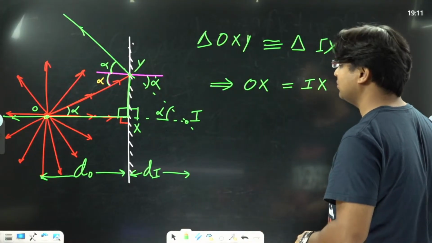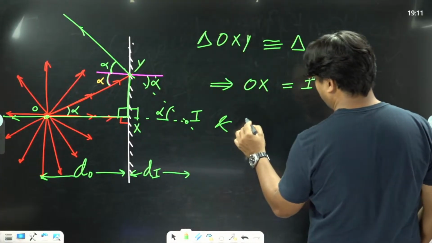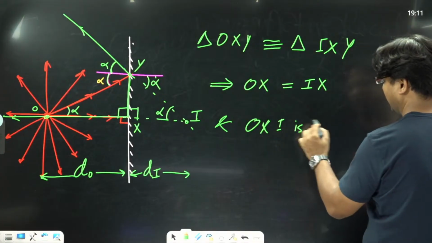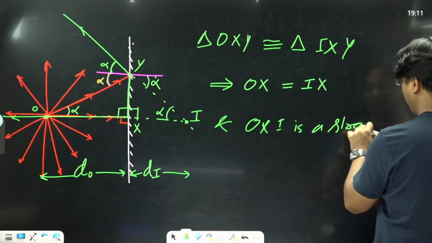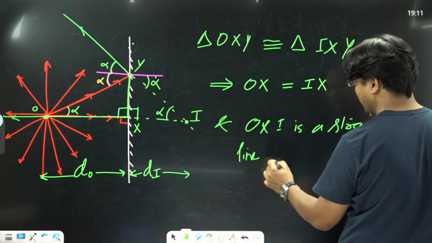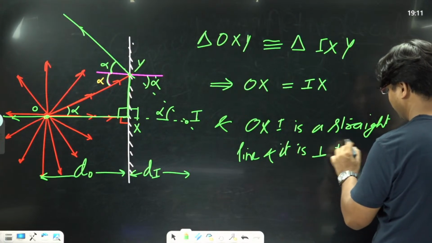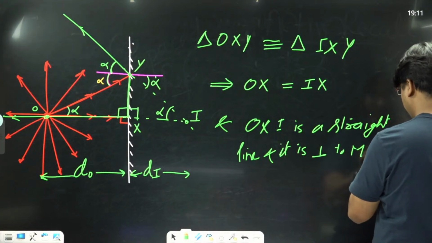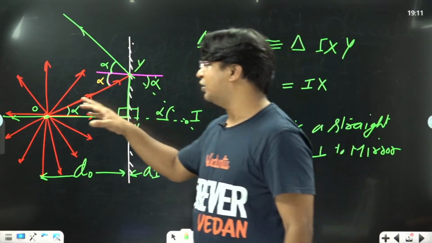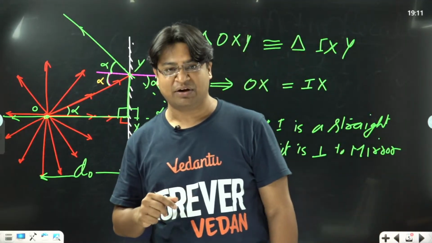And not only that, you can see that OXI is a straight line, and it is perpendicular to the mirror. So we can say that the image is formed on the perpendicular that we drop from the object on the mirror. These are two very important points that you have to remember.